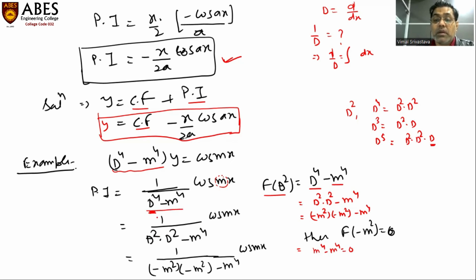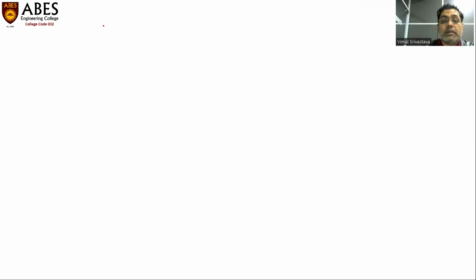So what to do? Again, we will apply the formula. The formula means we multiply by x and differentiate the denominator. So once we differentiate this denominator, this will become cos mx. So here we have two choices to solve further.